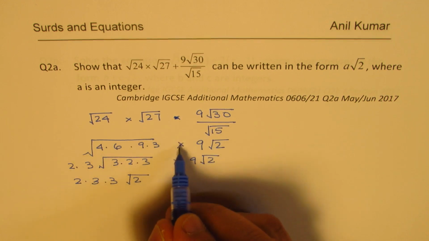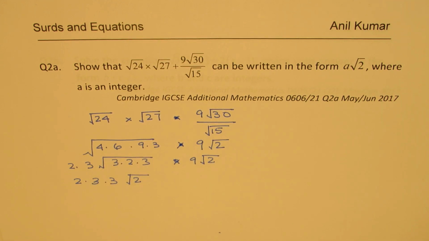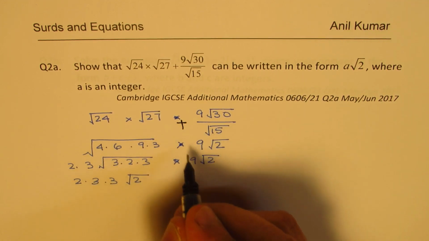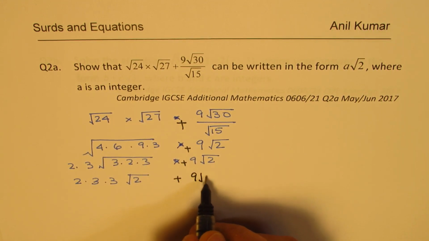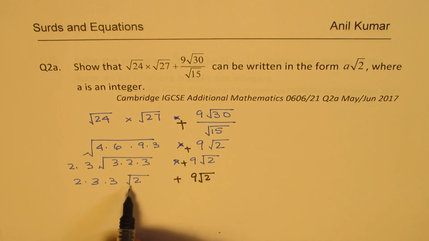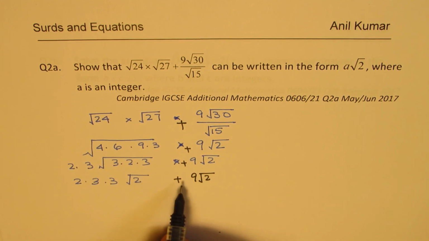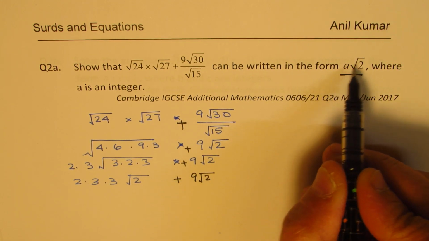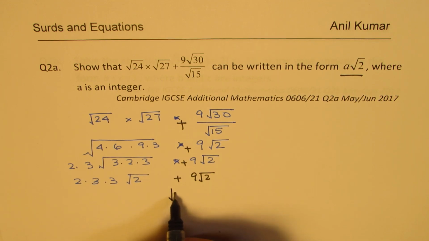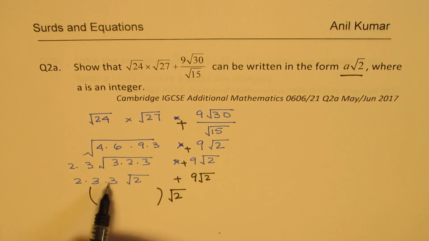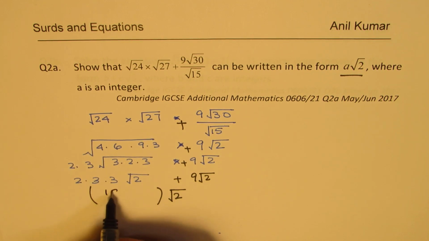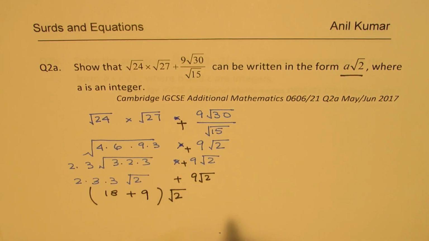Well, this is not times, but this is plus. Let me just make it plus here. Plus 9 square root 2, right? So what you notice here is that 2 is a common factor, and that's what we're looking for, a square root 2. So we can keep 2 here, and within brackets, here you get 9 times 2 as 18, and plus 9.